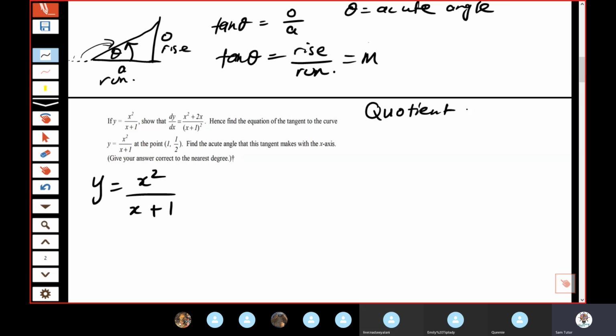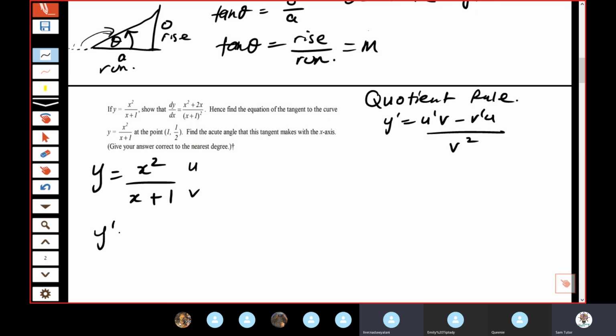Quotient means divided, so quotient rule, good job. And do you remember the formula? U dash V minus V dash U over V squared.